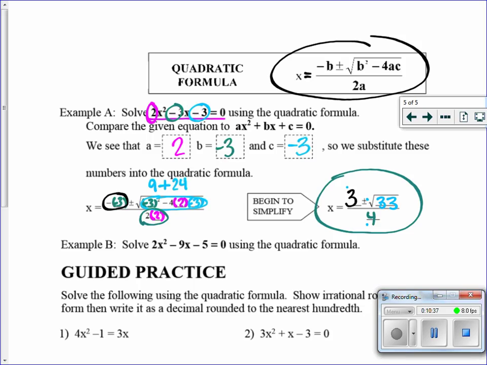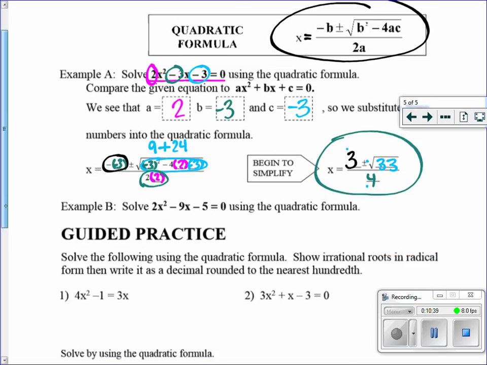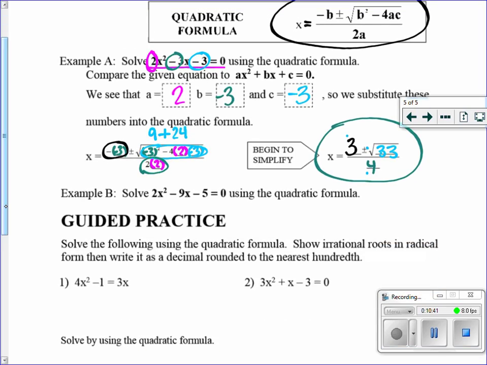Example B is right below it. I know it's kind of a tough squeeze, but we're going to try and figure it out anyway. So, quadratic formula. X equals negative, and then we'll put our B value here, plus or minus the square root of B squared minus 4, our A value and C. All of that is over 2 times A. So we're going to fill in.